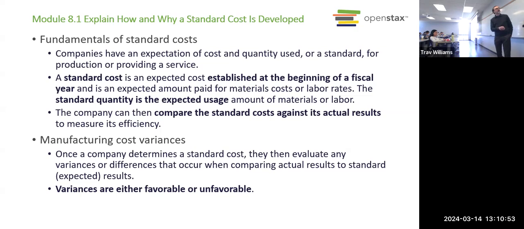So standards are very important in any organization. And then you can compare your actual performance against the standard to see how did you do, right? Were the costs better or worse? Were the revenues better or worse? Favorable or unfavorable compared to the standard?